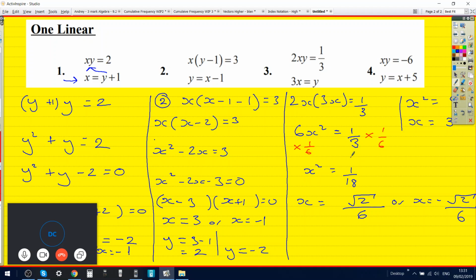Okay, so we need to substitute it in. So we'll take the 3x equals y. And then 3 times square root of 2 over 6 equals y, which equals square root of 2 over 2.